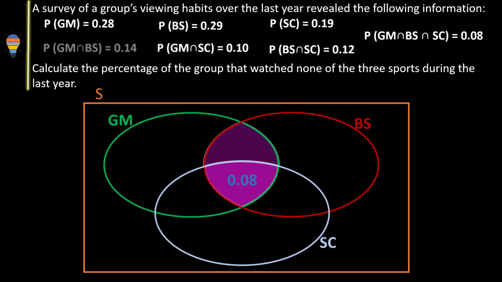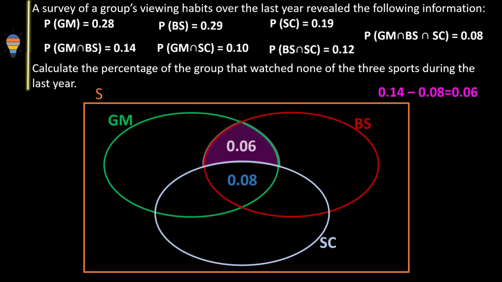Then I consider this. That is the probability of GM and BS. It is 0.14. But you see 0.08 is already in this region. Now we need to find the only GM and BS. How do we find the probability of only GM and BS? 0.14 minus 0.08, it is 0.06.